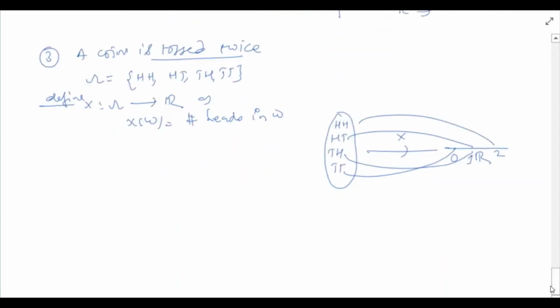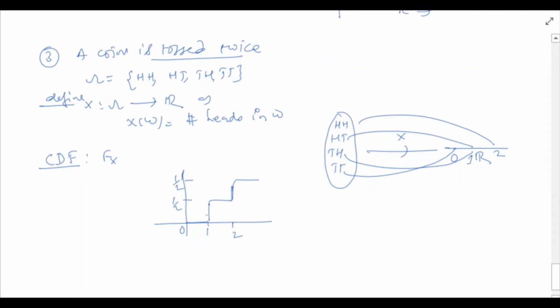In this case, it can be seen that the CDF of X, F of X, will have the form as shown in this graph. So we'll have points 0, 1, 2, and F of X will be in the form of a step function with step sizes as half. So this is half, half.